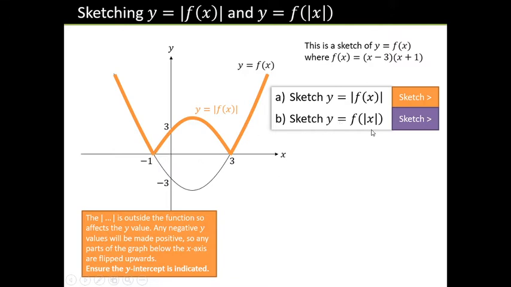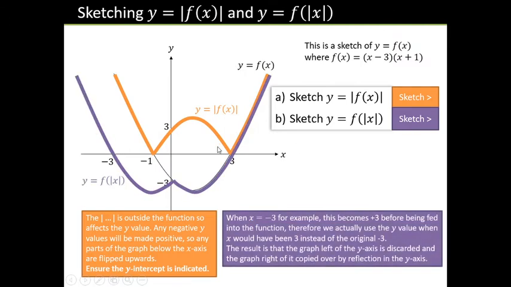The function of the modulus of negative 1 is going to be equal to the function of positive 1. So this negative 1 will become positive 1 when transformed by that modulus. What does that mean? There's still going to be a reflection, but that reflection is now going to be in the y-axis.